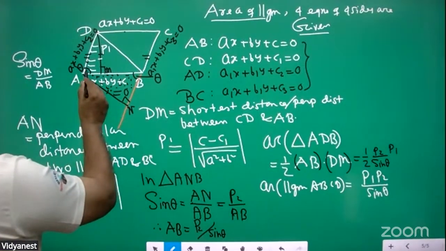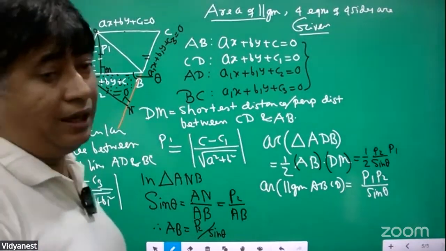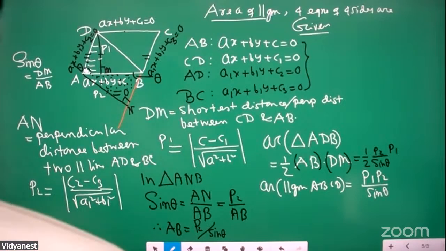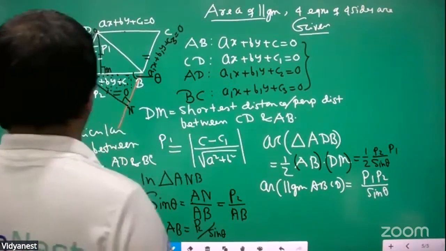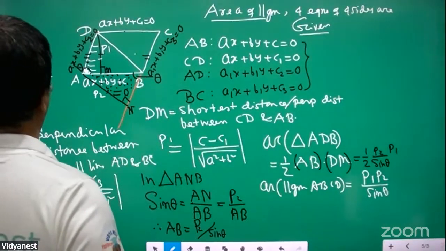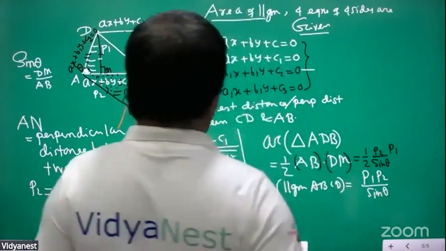Theta is the angle between AD and AB. In this figure, AD is this.